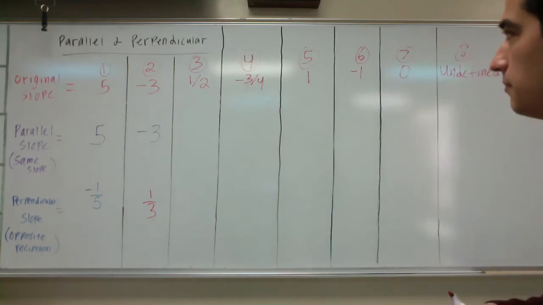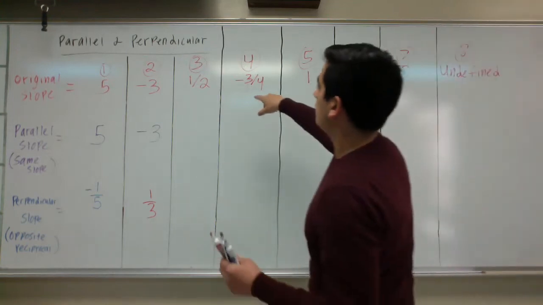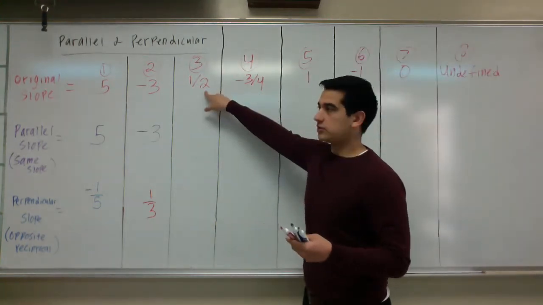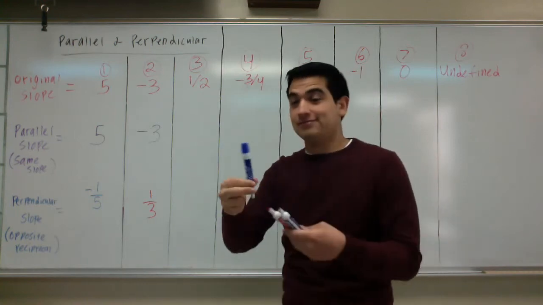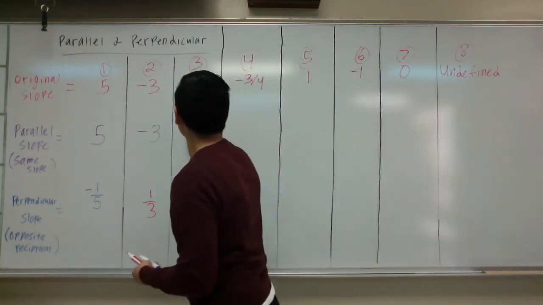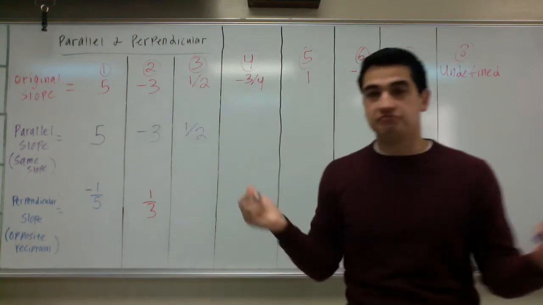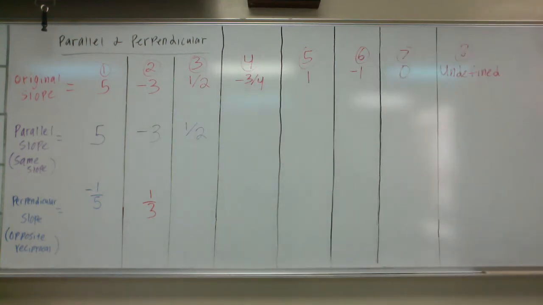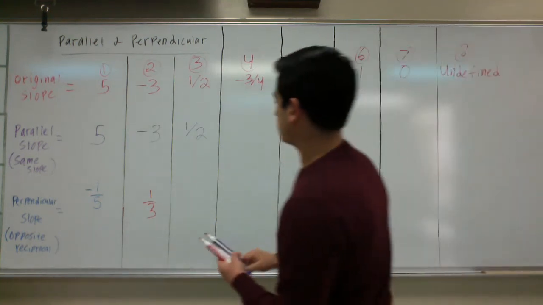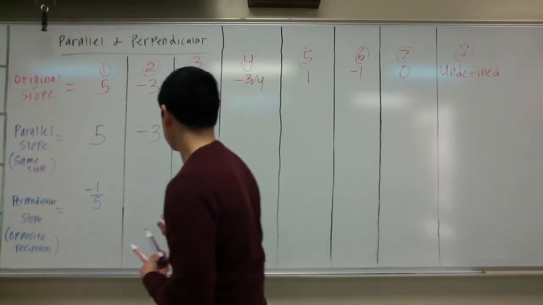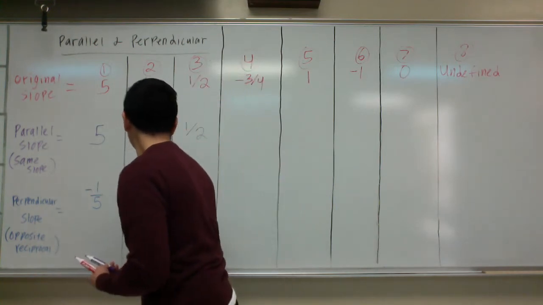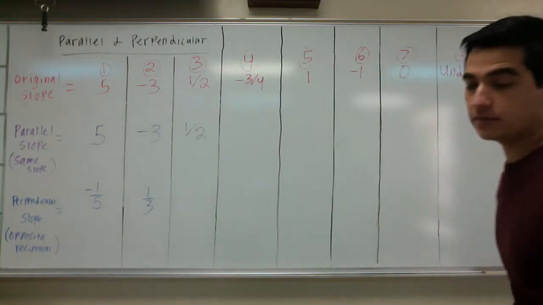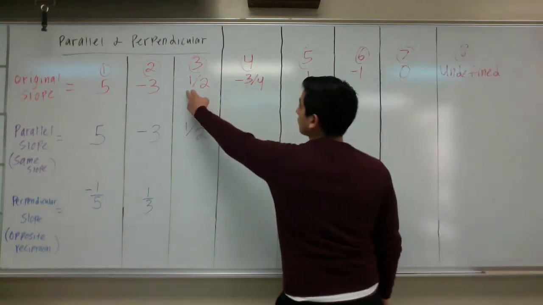Not bad. And number 3, I have 1/2 as my original slope, which means my parallel, same thing, is going to be 1/2. Easy. Now the perpendicular. Oh, I wrote this in the wrong color. I have positive 1 over 2.